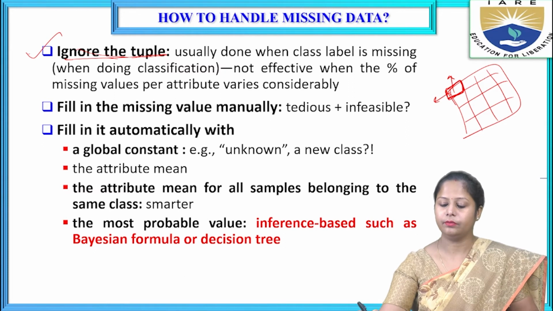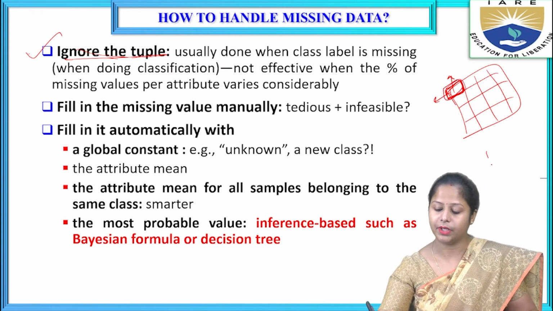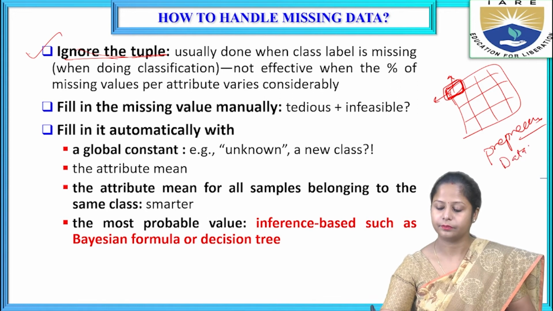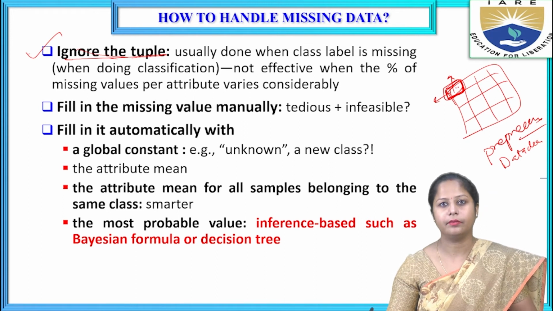So what will we do? We will exclude that tuple while we are going to pre-process. Before pre-processing we do data cleaning. So we will exclude the tuple. We will ignore the tuple. Why are we going to do that?